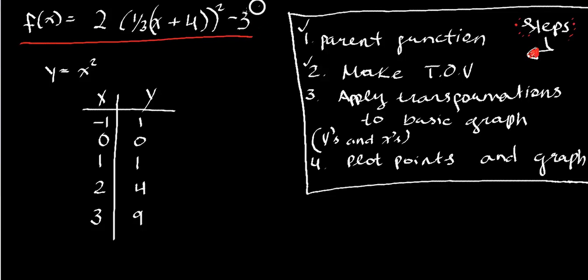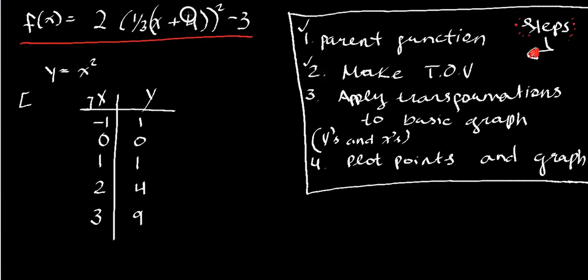Well, let's see. To our x's, remember, everything that is applied to our x's is in the bracket. Just in this range. Okay? So we are going to be subtracting 4 from the x, because remember, we are doing the opposite of whatever's inside the bracket.